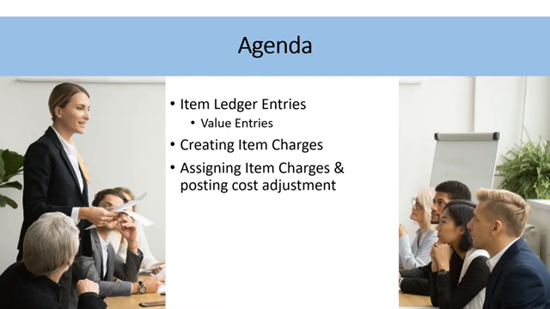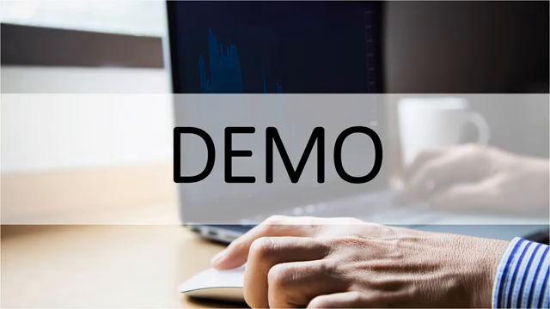So not only landed costs on receipts, but they can also be used to assign charges on shipments and other outbound return documents, things like that as well. Lastly, I'll walk through assigning a charge such as freight charge on a receipt and show you how the cost is adjusted. So with that, let's get right into it.